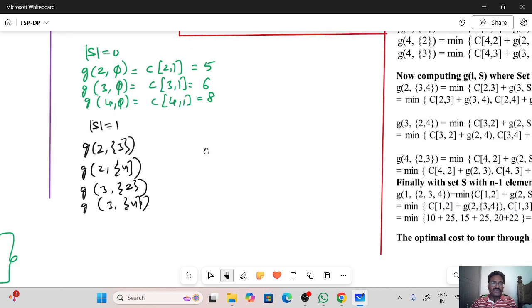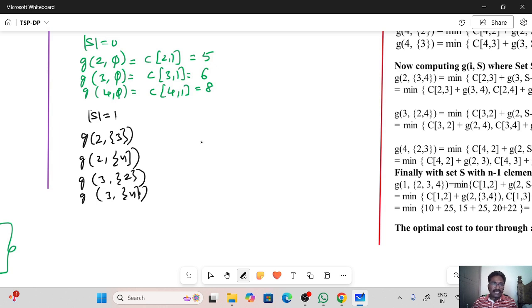In the same way, if the last but one is 4, the last may be 2 or 3. So, we are going to find all these values, that is with set length 1.